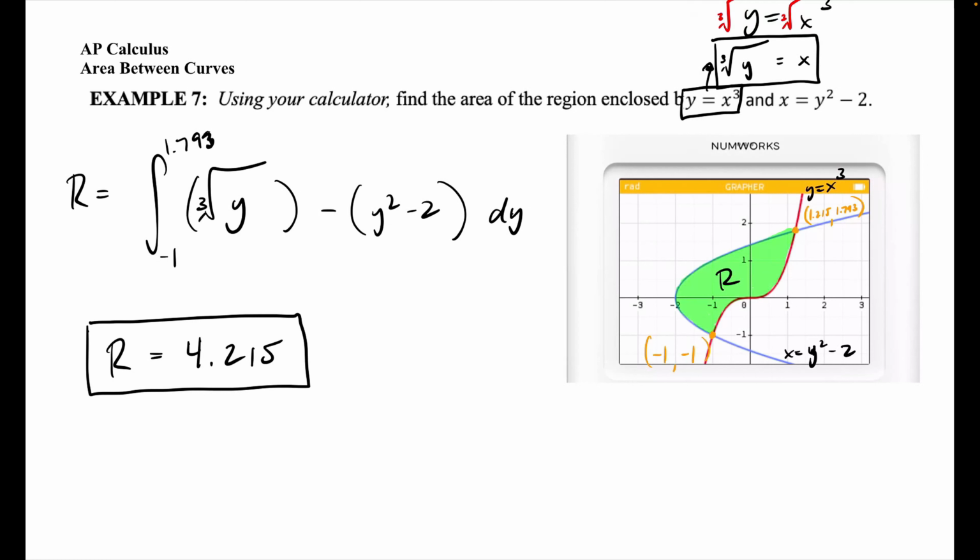I gave that student full credit because their setup was right. It must have been user error on the calculator. If you have this setup, even if your number is a little off, I'd still give you full credit on a free response. On multiple choice I can't, because you have to choose one. They grade setup, not necessarily answer.